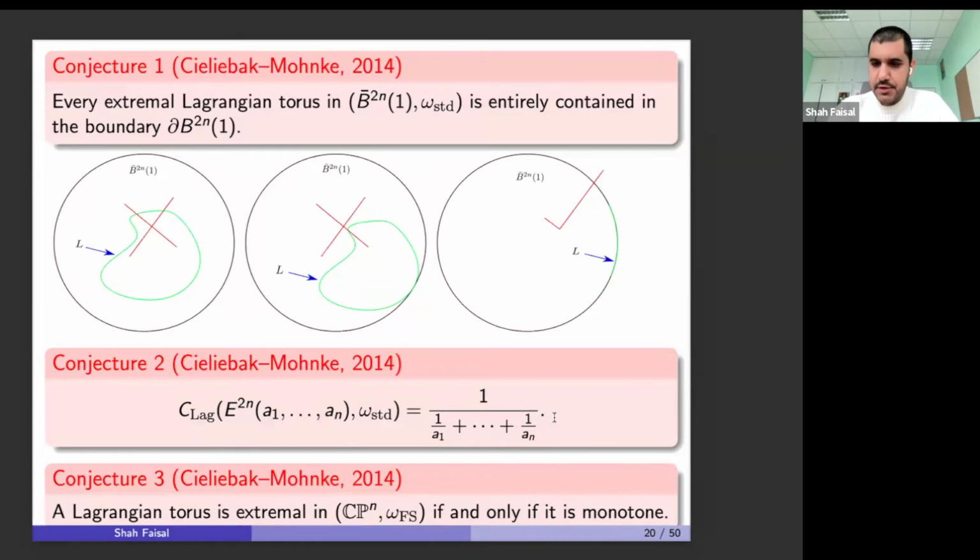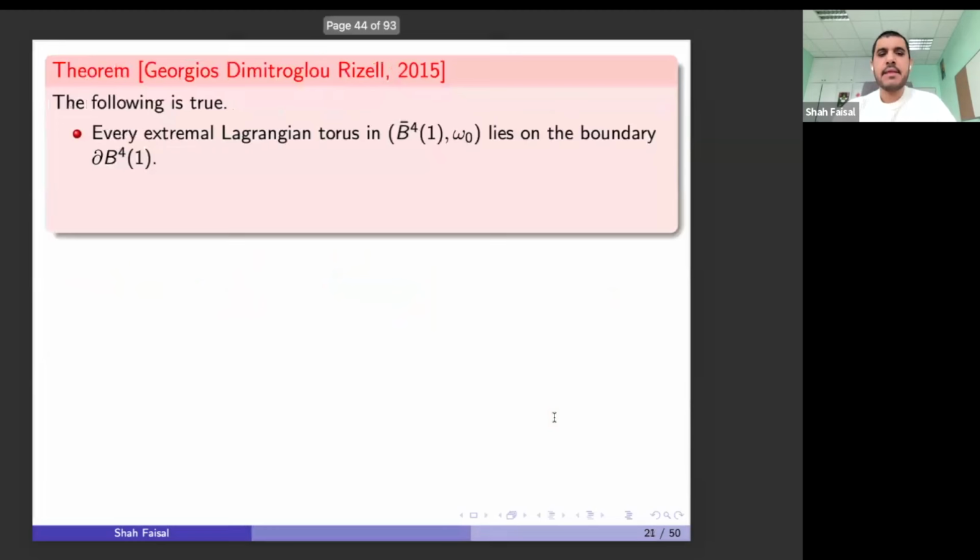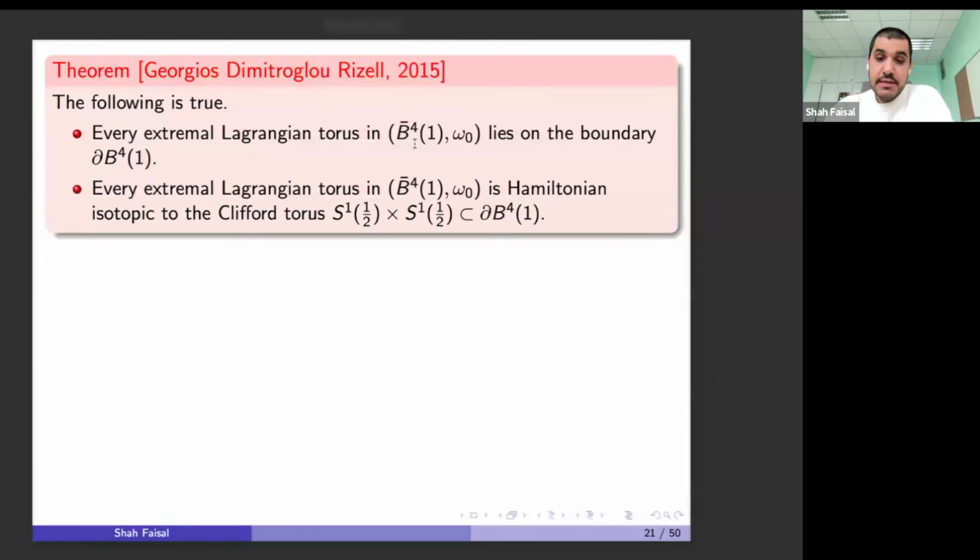Next, I summarize the progress we have made so far. Yiğit Dimitrov, Rachel, proved that in the four-dimensional unit ball, all extremal tori are on the boundary. And there is a unique one up to Hamiltonian isotopy, which is the Clifford torus.